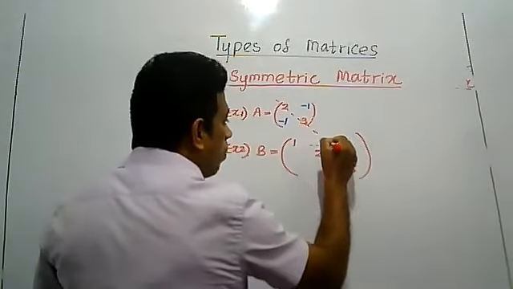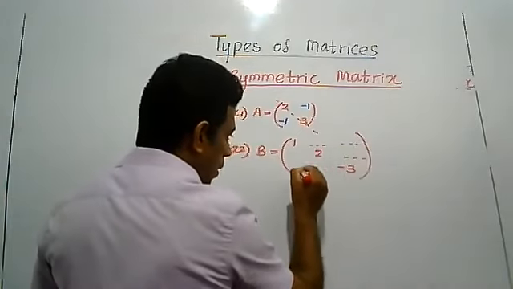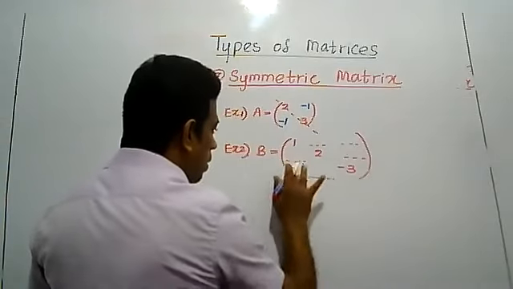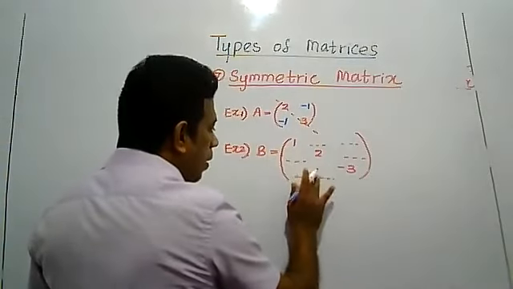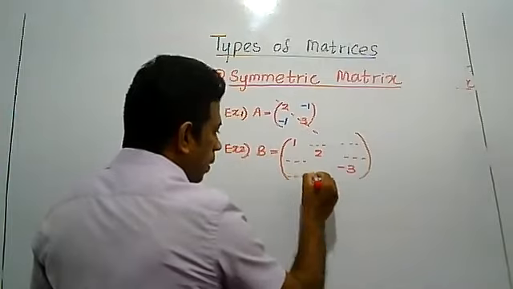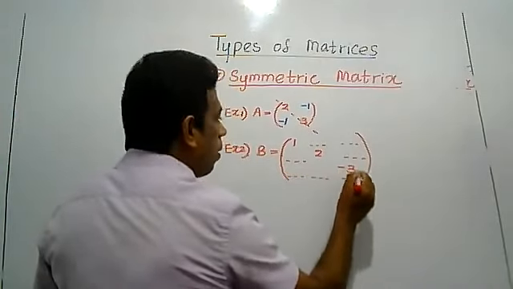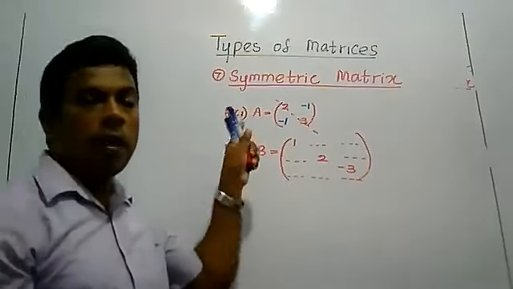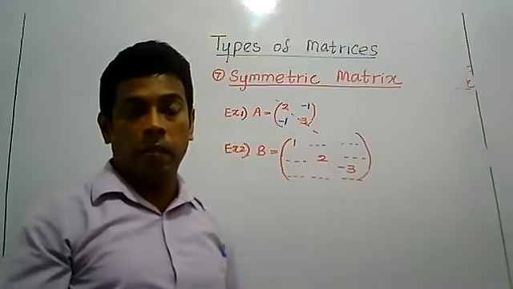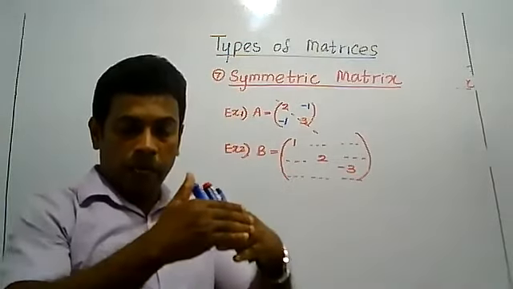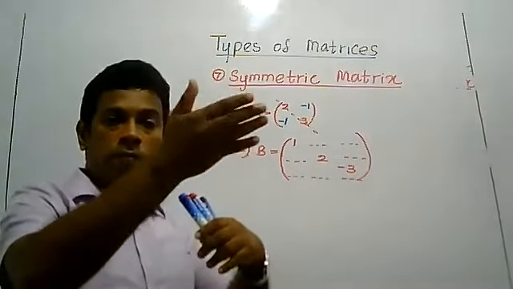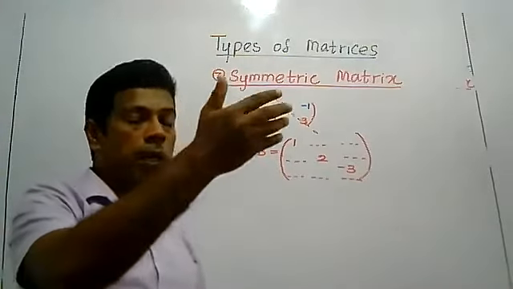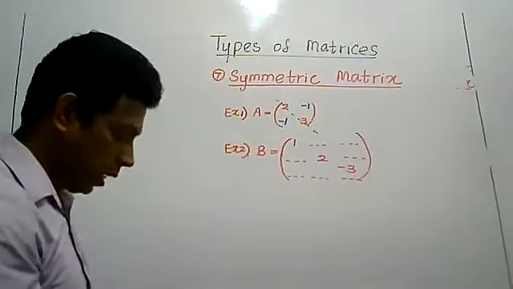We know that there are 9 elements in a square matrix of order 3 by 3. I have represented elements in the main diagonal. Then on the two sides of the main diagonal, the elements should be equal. The same element should be represented on two sides of the main diagonal.